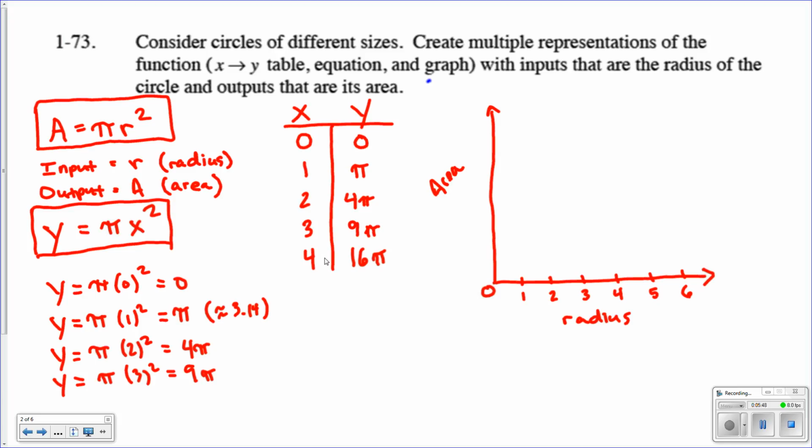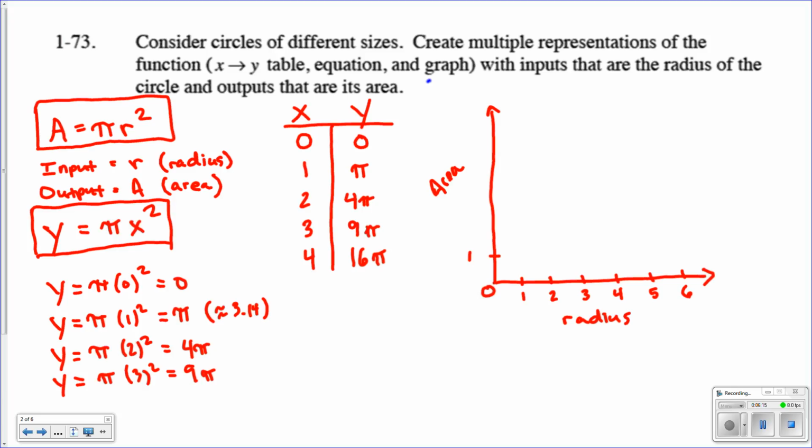And then 4, here when we plug it in, we ended up with 16. 16 times pi is going to be about what? It's going to be at least 48, probably more than that. So that can help you set up what your values are going to be, what your scale is here.